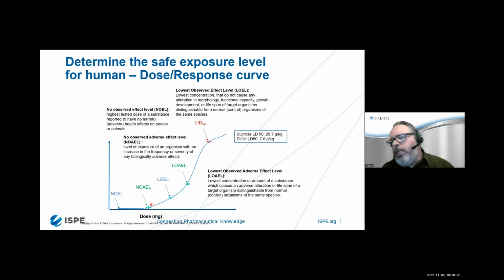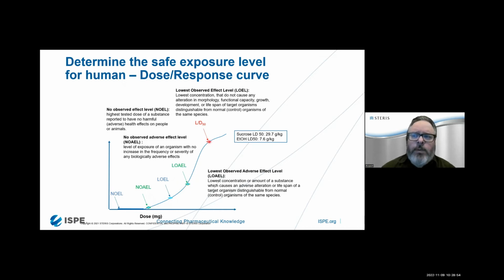It's really at the very bottom of a dose response curve because you're not seeing any observed adverse effect. As you're moving up this curve, you get to a no observed effect level, a LOEL, which is a low observed effect level, and a LOAEL, which is a low observed adverse effect level.